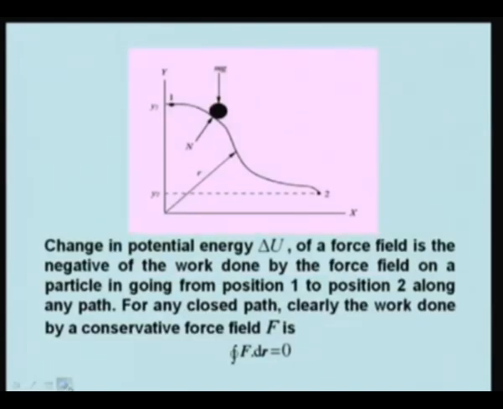The change in potential energy delta U of a force field is the negative of the work done by the force field on a particle in going from position 1 to position 2 along any path. Therefore, when the force field does some positive work, the potential energy decreases.